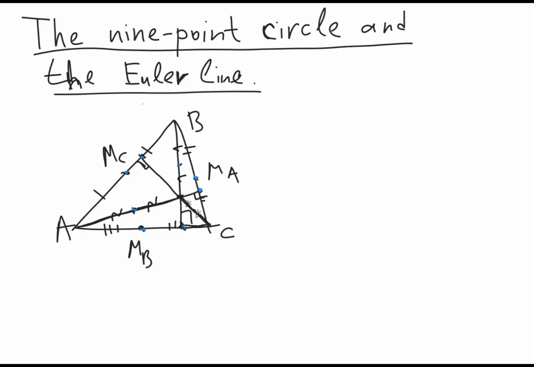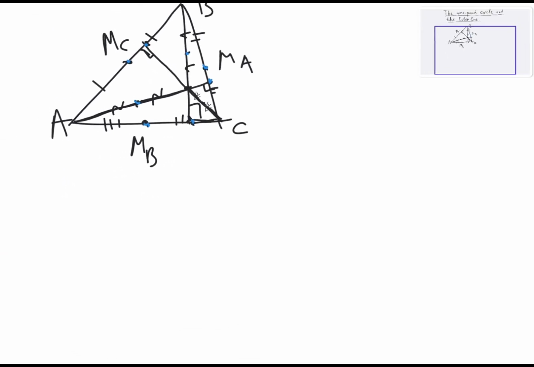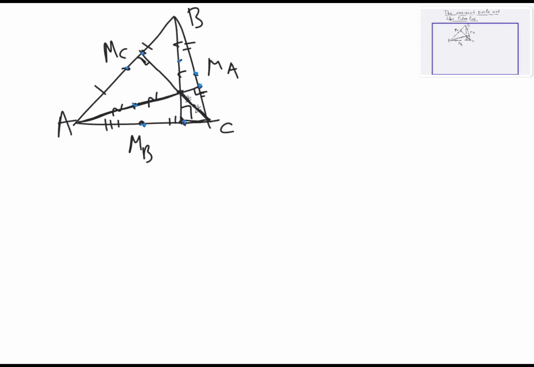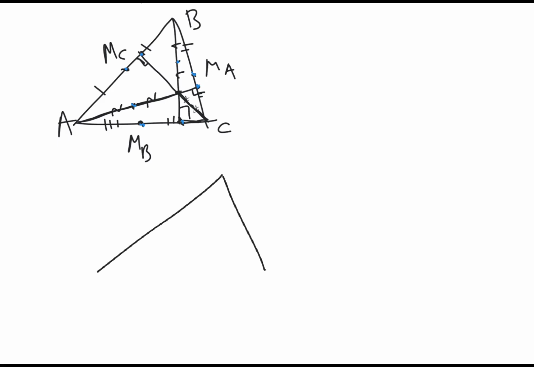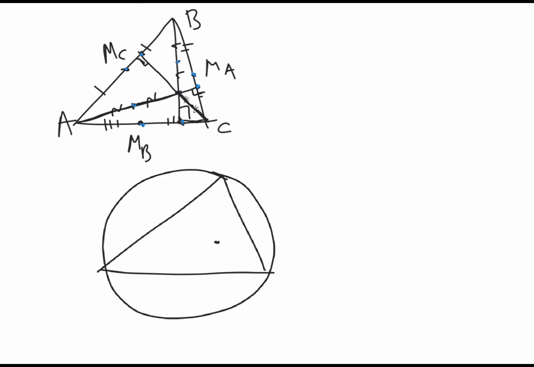First we will use a well-known property of the orthocenter: if we reflect the orthocenter symmetrically with respect to the sides, then it will be exactly on the circumcircle. So if you consider the circumcircle of the triangle, we have the orthocenter, the intersection point of the altitudes.